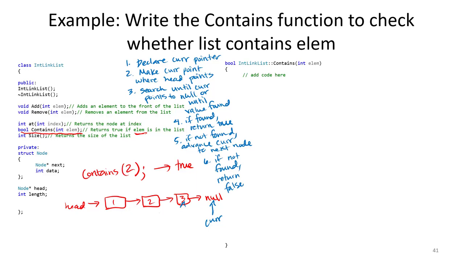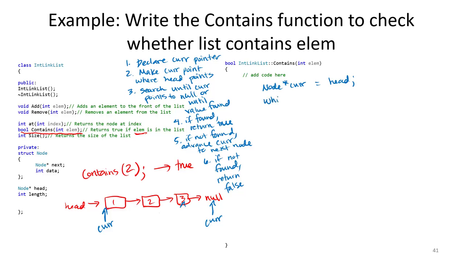So let's briefly write the code that we need to complete this contains function. As we noted, the first thing to do is to declare our cur pointer. And we want to make that current pointer point at head, or at the beginning of our linked list.